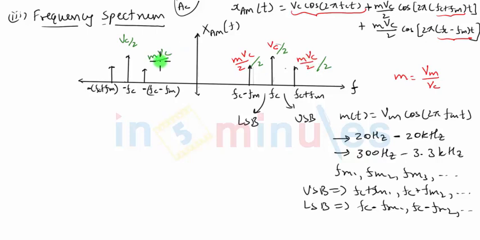So if we have to draw the two-sided frequency spectrum, then we have to show the amplitude which is half of the peak amplitude. So that's the complete frequency spectrum. You can draw it in one-sided form or in two-sided form, and accordingly you have to modify the amplitude values on each frequency impulse that we have.